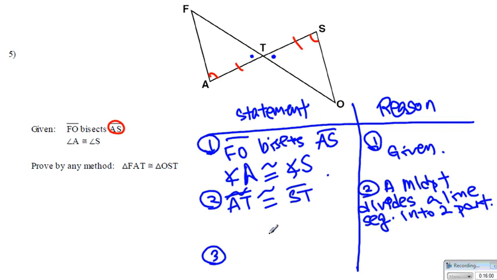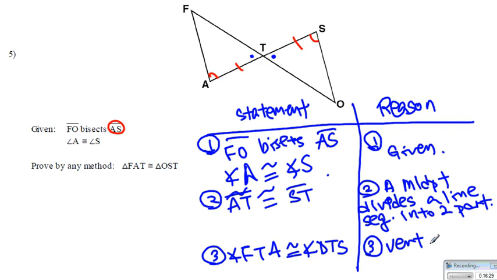All right, so now next one is angle FTA is congruent to angle OTS. Here, because the blue dotted line angles are vertical angles, we can say vertical angles are congruent.